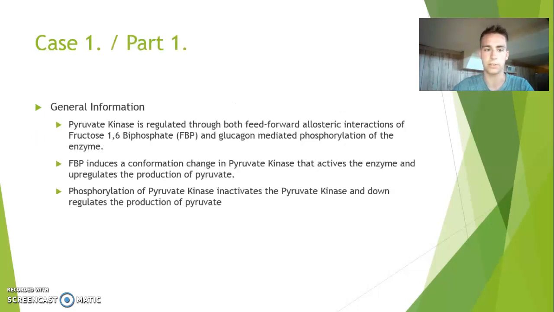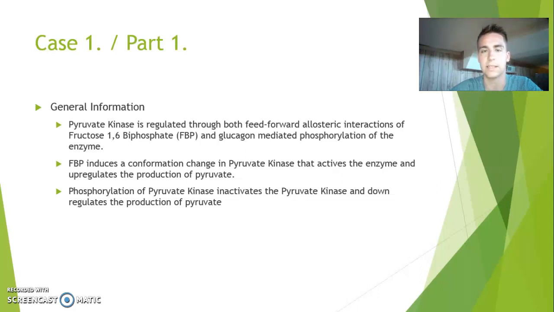So to address the first question, just to give a little background information on what the regulation of pyruvate kinase actually is, there are two main pathways. You have the activating pathway, and you have an inhibiting pathway. In the activating pathway, fructose 1,6-bisphosphate, which is an intermediate produced in the glycolytic pathway, is utilized in a feed-forward fashion to provide an allosteric interaction with pyruvate kinase.